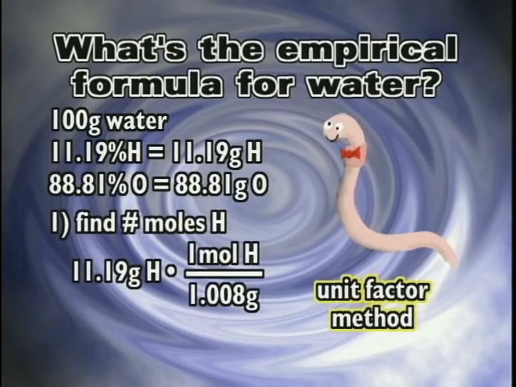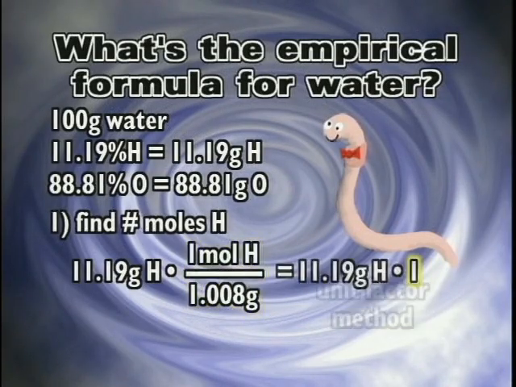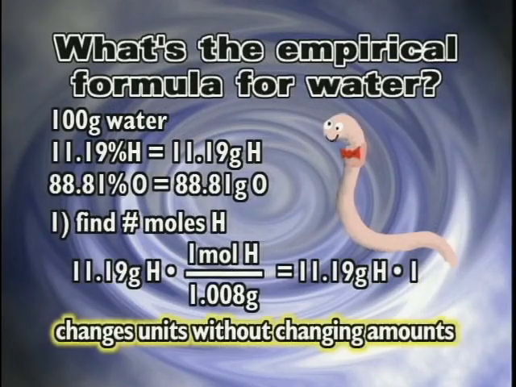Remember Willie the wild worm? Hey, babe. We want to change units from grams to moles, but we don't want to change the amount of our sample. Multiplying our sample, 11.19 grams, by 1 mole of hydrogen atoms over the mass of a mole of hydrogen is like multiplying by 1. So it changes units without changing amounts.